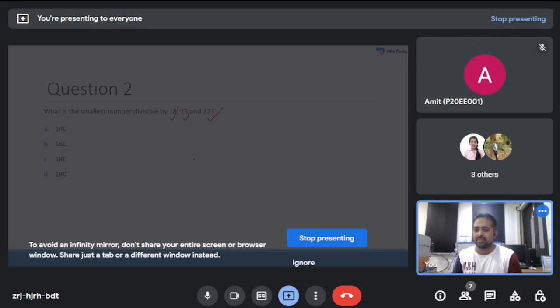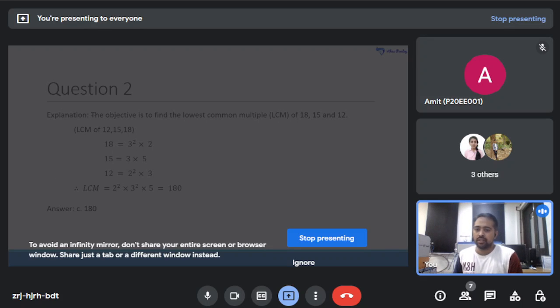The smallest number should be divisible by all of these, a number x that can be divided by 18 as well as 12. So we can say it is the LCM, the lowest common multiple.